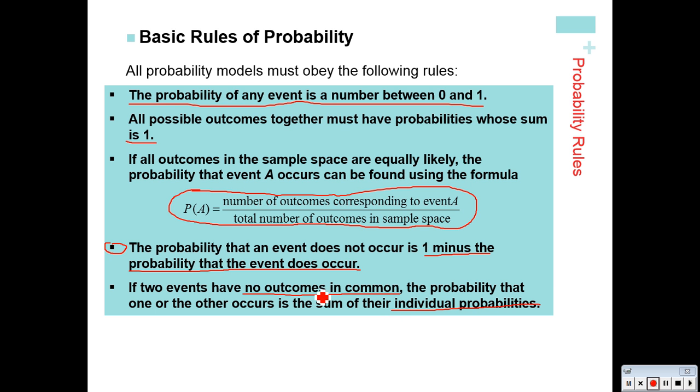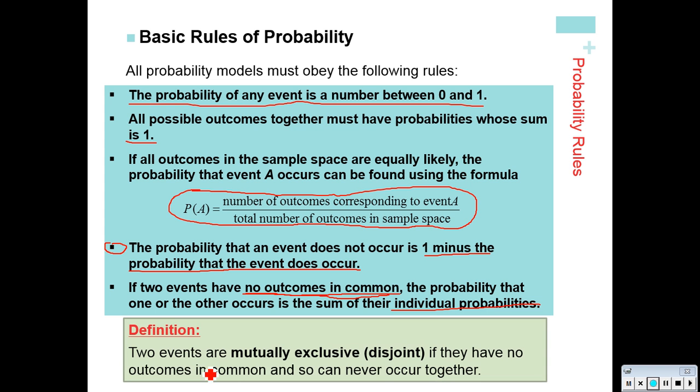We're going to talk a lot in the next couple of days about this whole business of events that have no outcomes in common. At the bottom here, mutually exclusive events refers to this. Two events are called mutually exclusive, sometimes referred to as disjoint, if they have no outcomes in common and can never occur together.